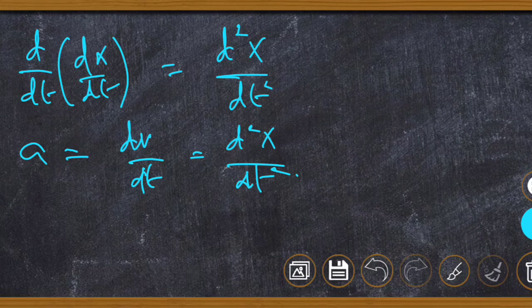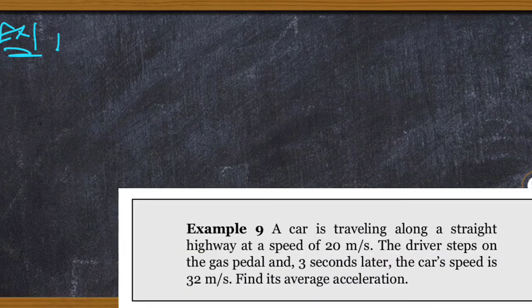Now, this is our instantaneous acceleration. Let's take an example on each of these things that we've done on speed, velocity, and time. The first example is shown on the board. A car is traveling along a straight highway at a speed of 20 meters per second, which is the initial speed.